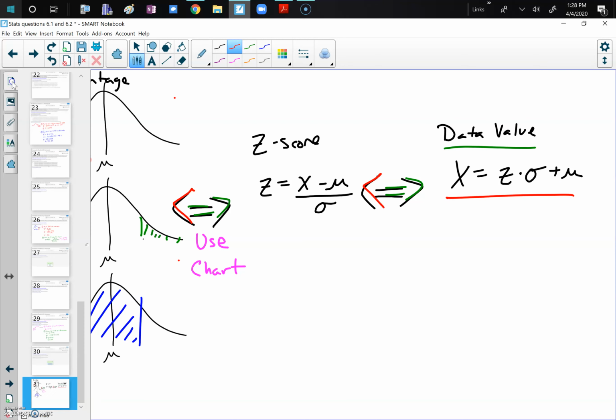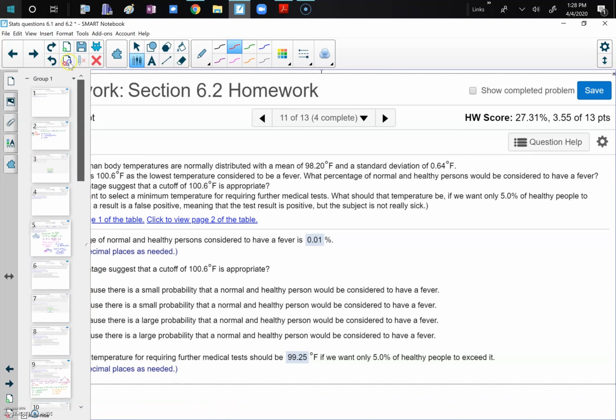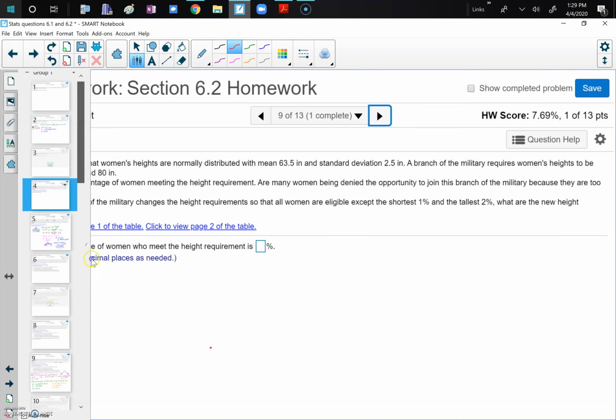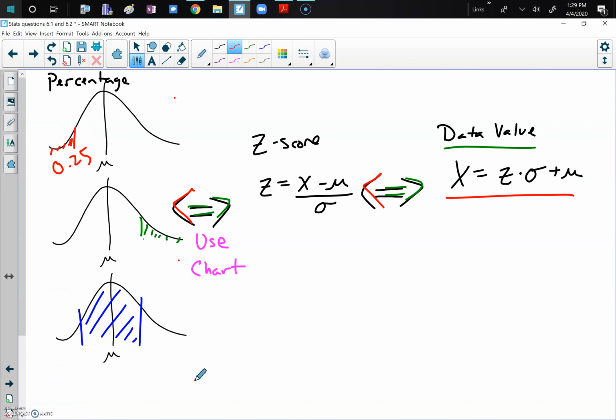Let's look at another problem. Okay, this is problem 9 from homework 6.2. So we can see that they gave me the mean and standard deviation, and they want to know the percentage of people that fall between 58 and 80. So going back to our graphic, they gave me the percentage in between two numbers.